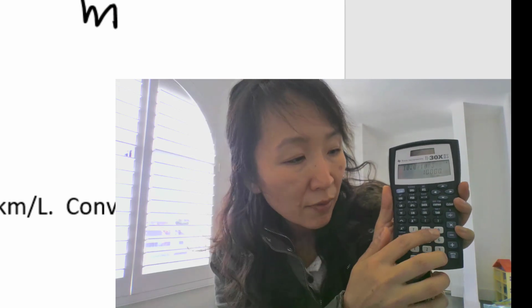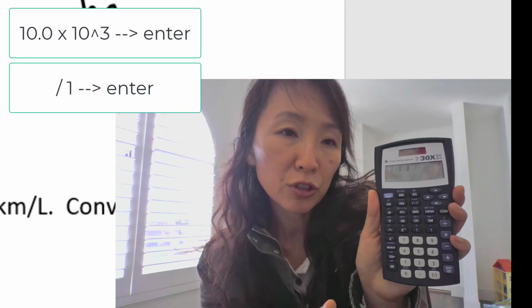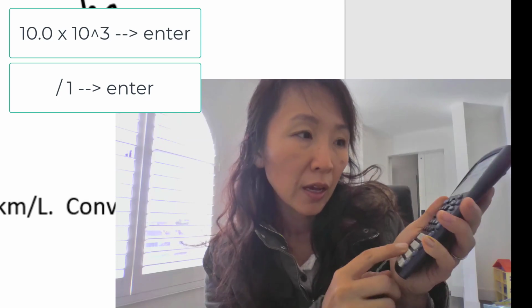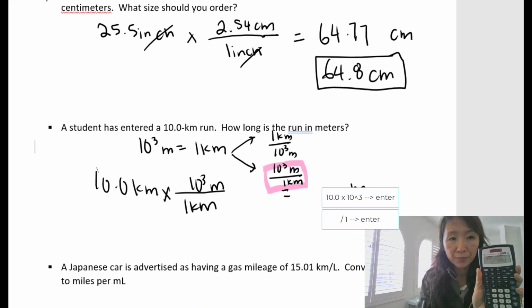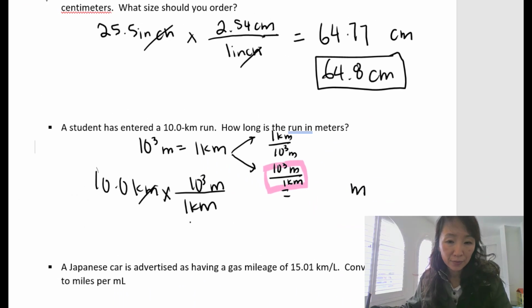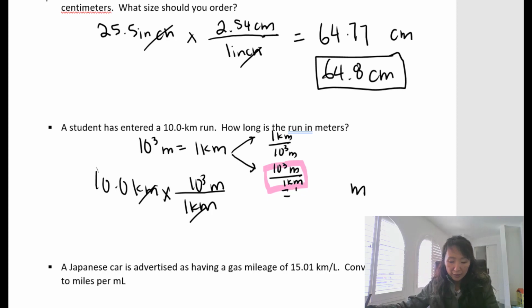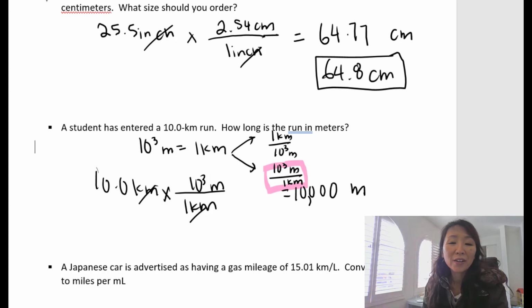You should get 10,000. Then divide by the denominator, which is 1 kilometer, just 1, and so this again, 10,000. So kilometers cancel out, and we're left with 10,000 meters. Okay. We are not done.